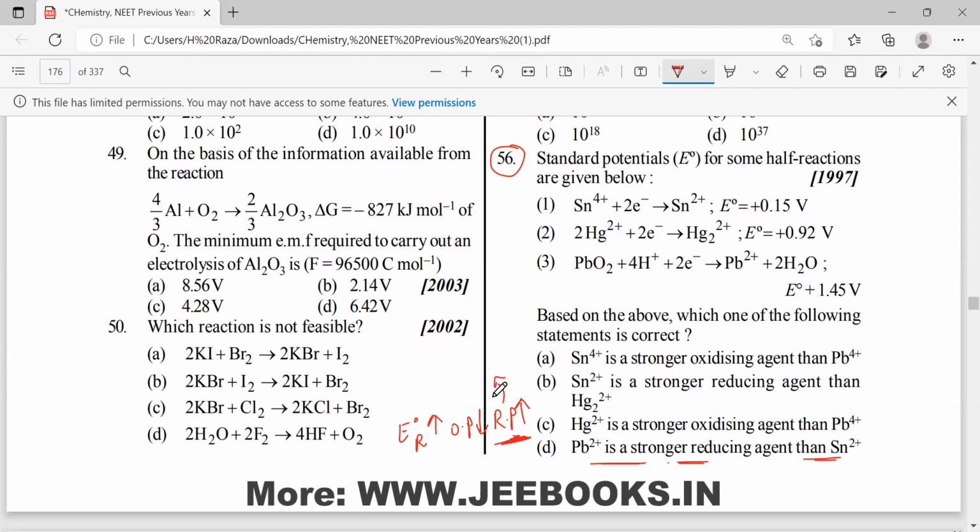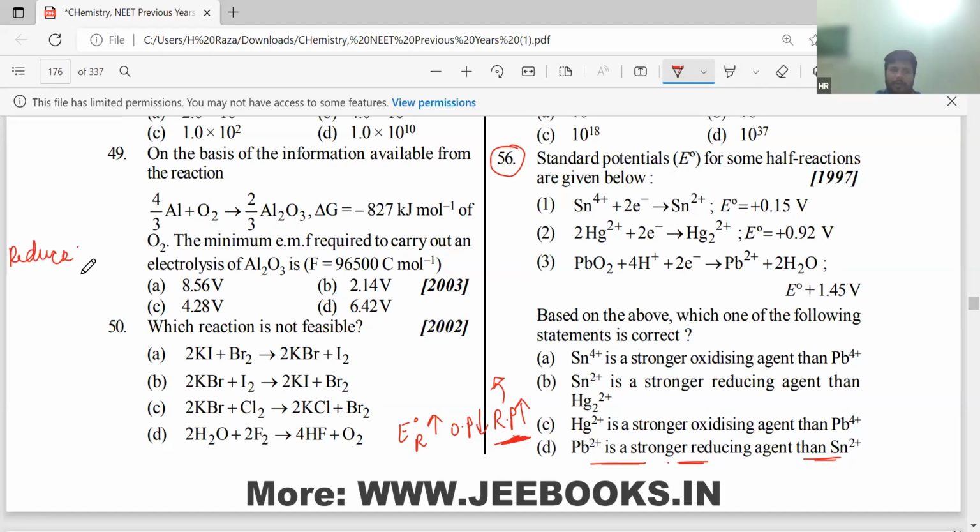That means it will oxidize. A reducing agent means it will reduce someone else. It will not reduce itself, but reduce someone else.